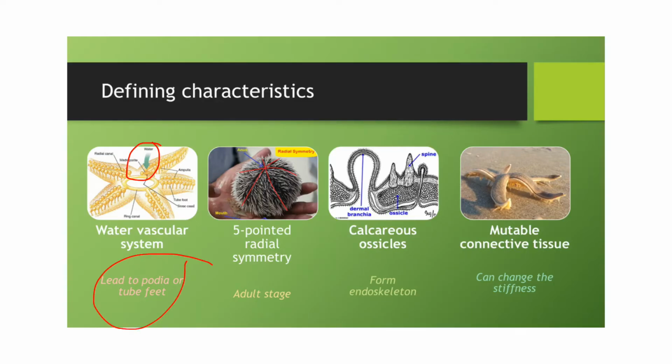Another one is pentamerous radial symmetry, or 5-pointed radial symmetry. But remember, this is during the adult stage. During the larval stage, they have bilateral symmetry.